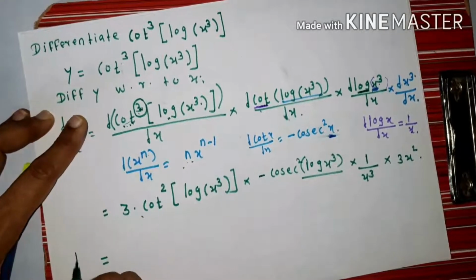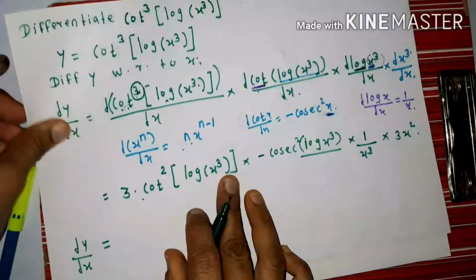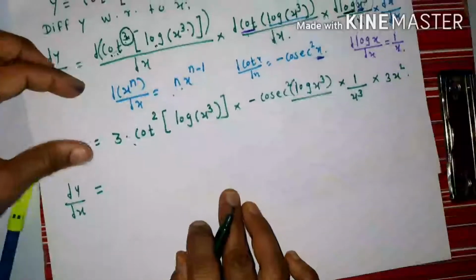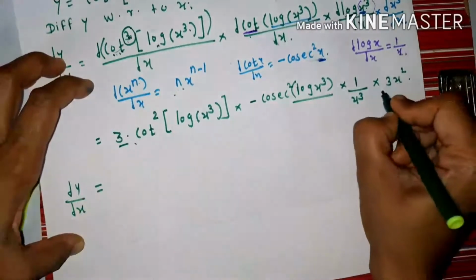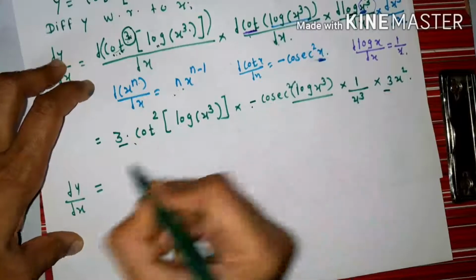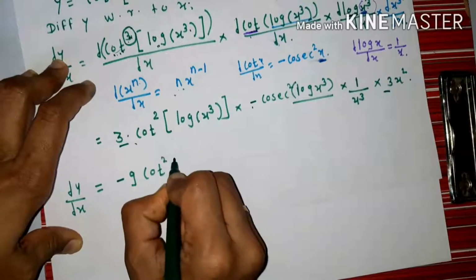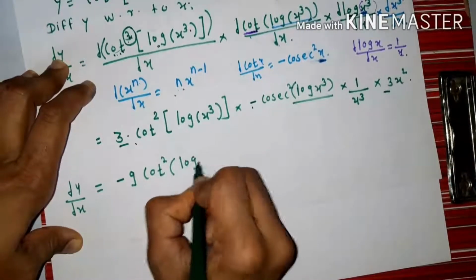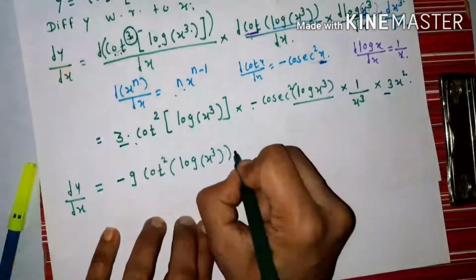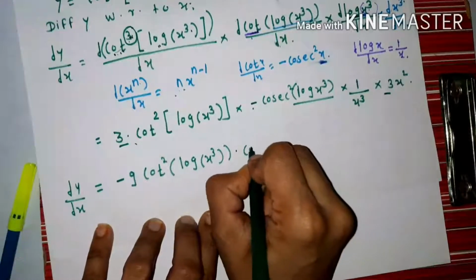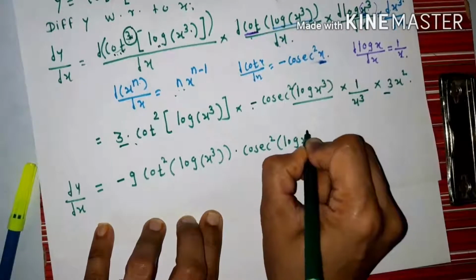And hence dy by dx equal to 3 into 3, and the minus sign is there, therefore minus 9 cot square log of x raised to 3, into cosec square log of x raised to 3.